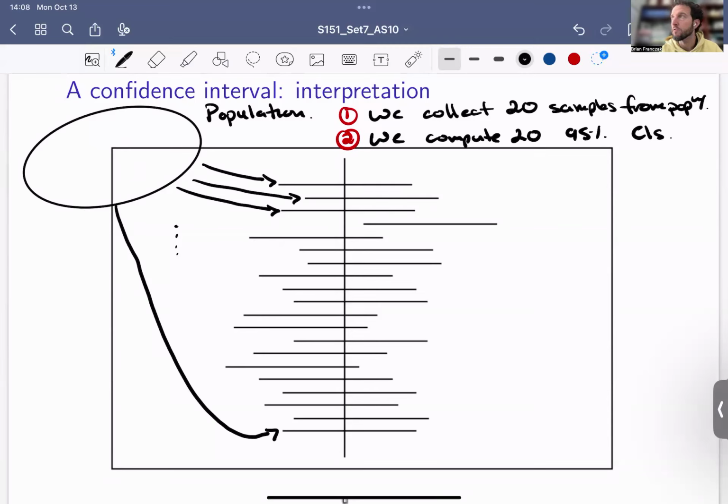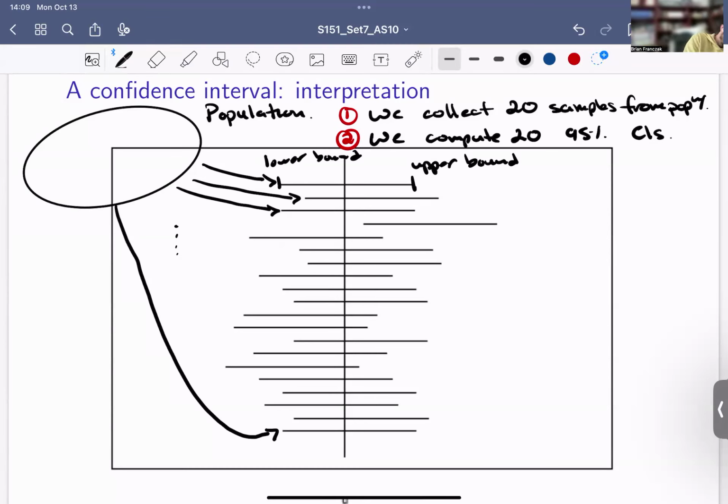So these horizontal lines that are shown on the plot, those are the confidence intervals. They have a lower bound. So this is the lower bound for each one, the endpoint, and they have an upper bound. So every confidence interval ranges from its lower bound to its upper bound. Okay.